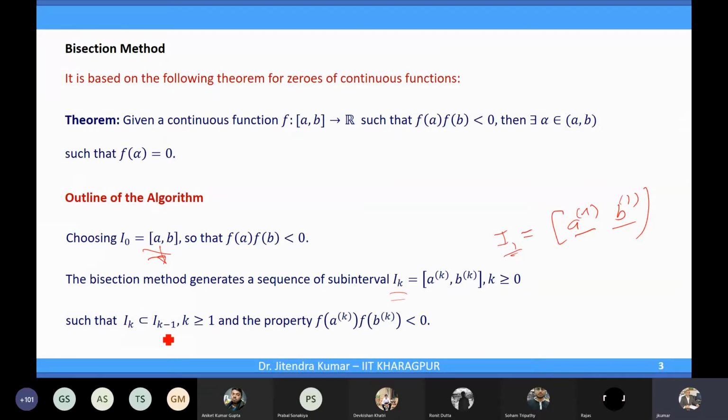First of all, the size of the interval will reduce, indeed it will be halved, with the property that the product of the boundary values f(a) and f(b) is always less than 0. So how do we update these new values of the boundaries of the interval?